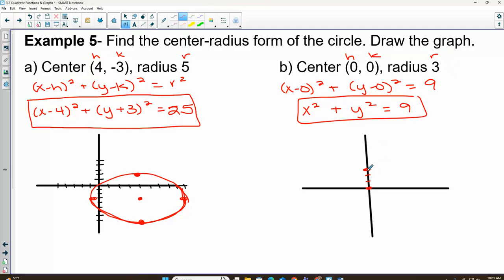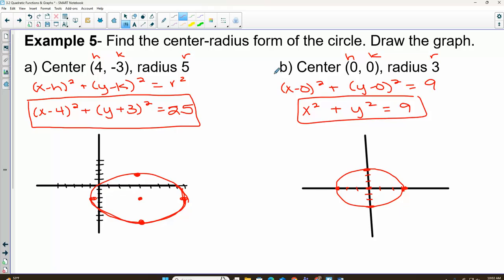So we go 3 up, down, left, and right. Any questions on that?